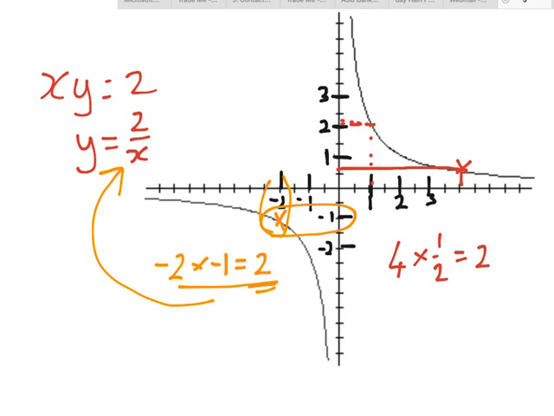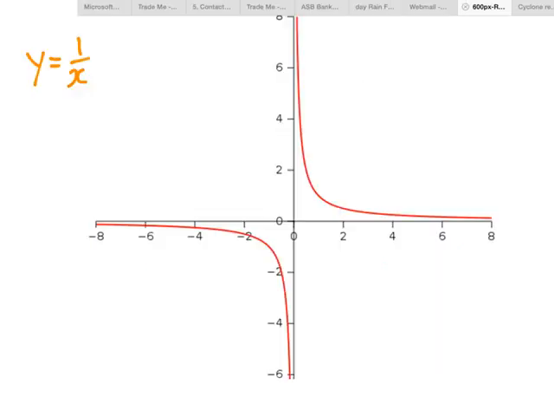Here's our rectangular hyperbola. For this equation, y equals 1 over x, what would happen if we change the equation to y equals 1 over x plus 3? This would have a sideways shift along the x-axis, and our clue for the x value would be the positive 3.